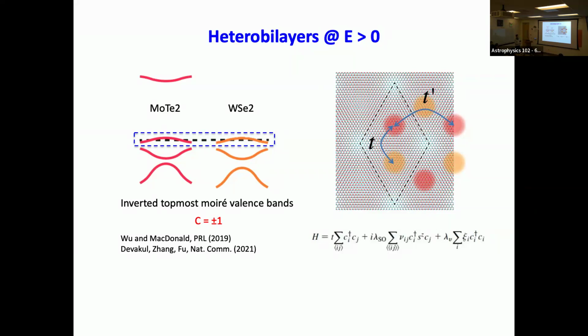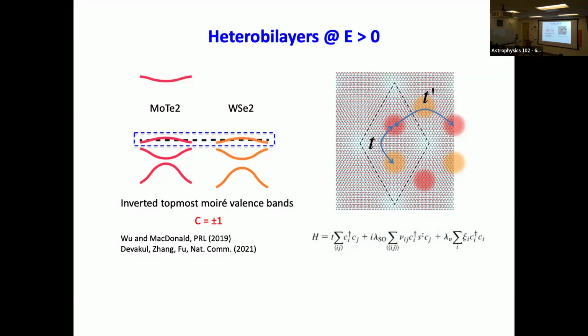The nearest neighbor hopping here is the interlayer hopping between the two layers, and the next nearest neighbor hopping is actually intralayer hopping, which plays the role of the spin-orbit interaction. And furthermore, the sublattice potential here, represented by this last term, is tunable by the electric field. Basically, through the Stark effect, you apply the electric field perpendicular to the layer that continuously tunes the sublattice potential in this Hamiltonian.